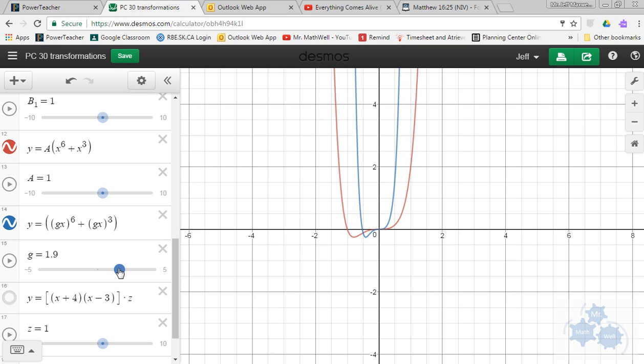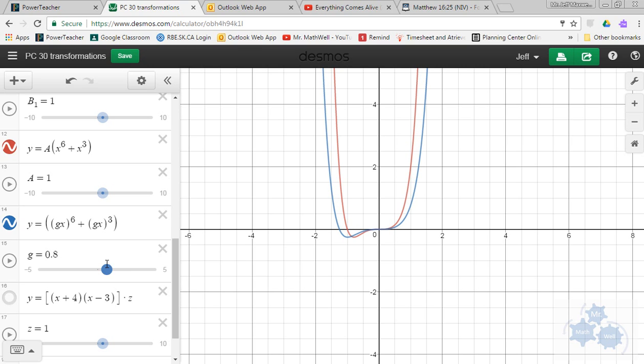Going all the way up to 2. You see how it's been compressed, right? By a factor of 1/2. If I go more, it's going to get squished up even more, right? What happens if I go from 1, which is right here, the same as the original graph, and I go down?